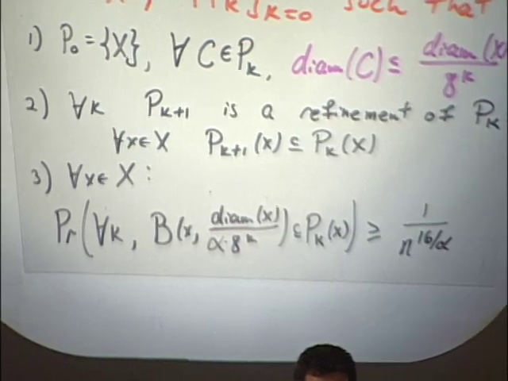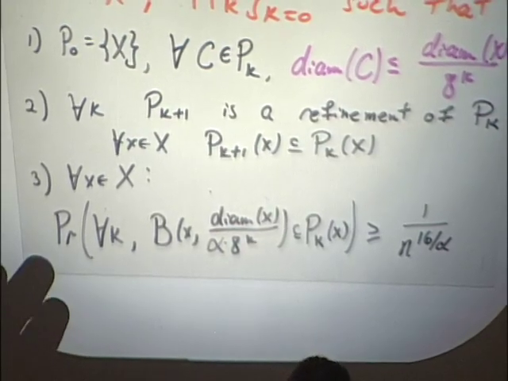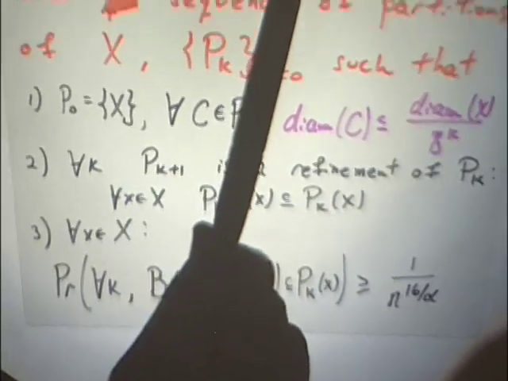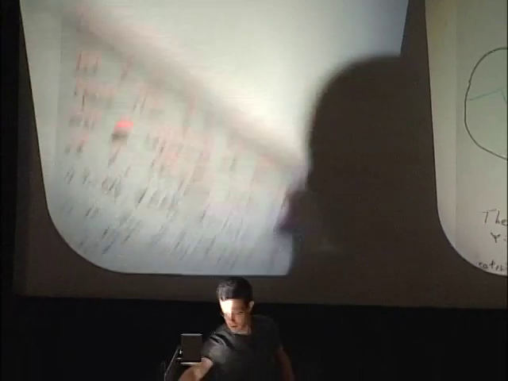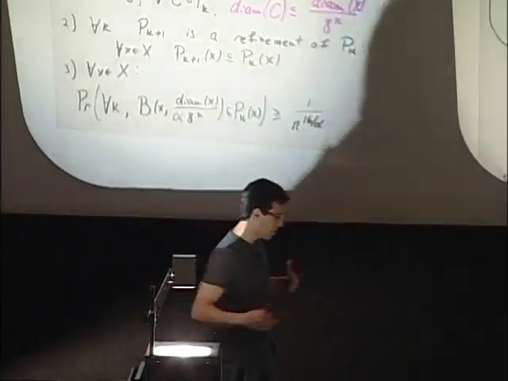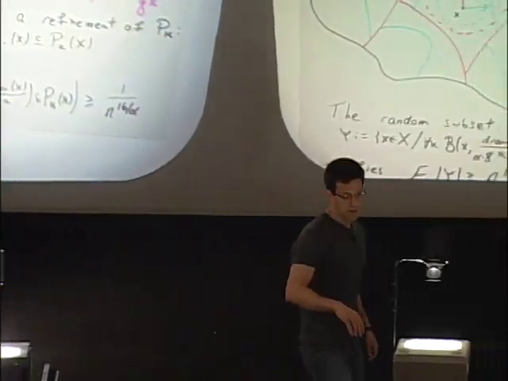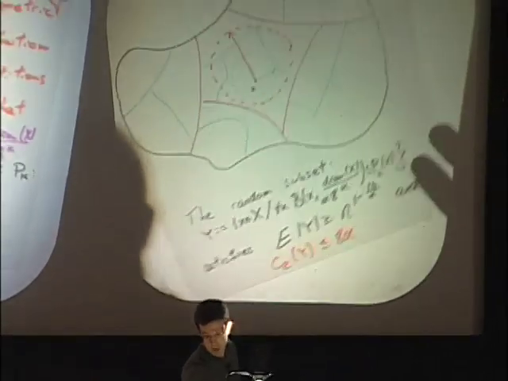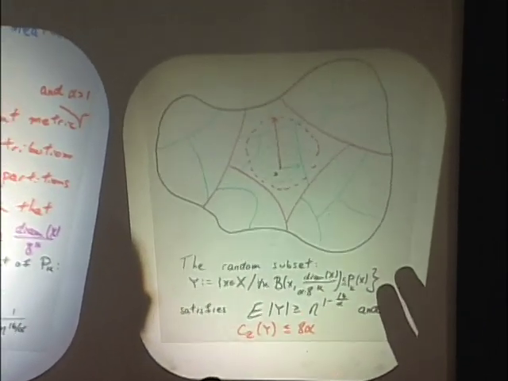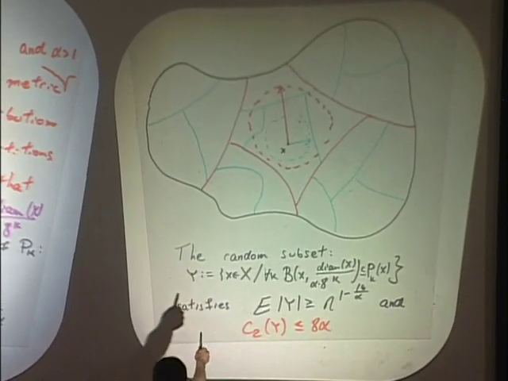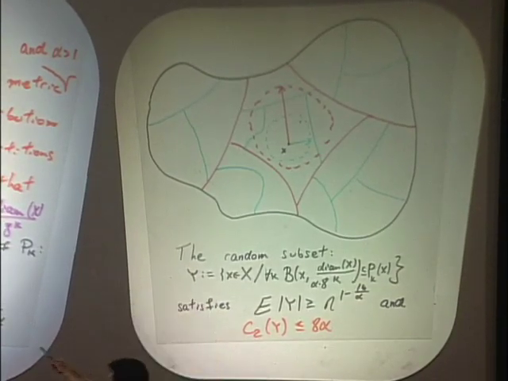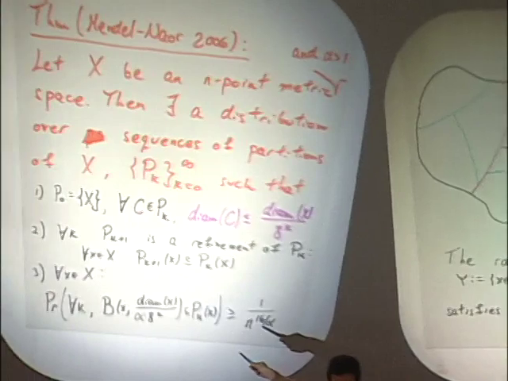N is always the number of points. X is an n-point metric space. So this is the statement. You design this notion of randomness, and then you finish as follows. You take a random subset, which is exactly the points x in X for which this event happened.